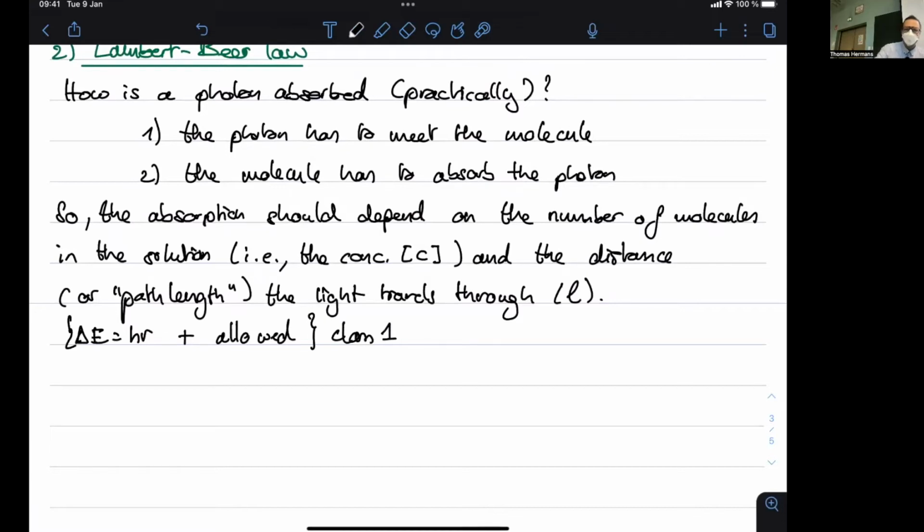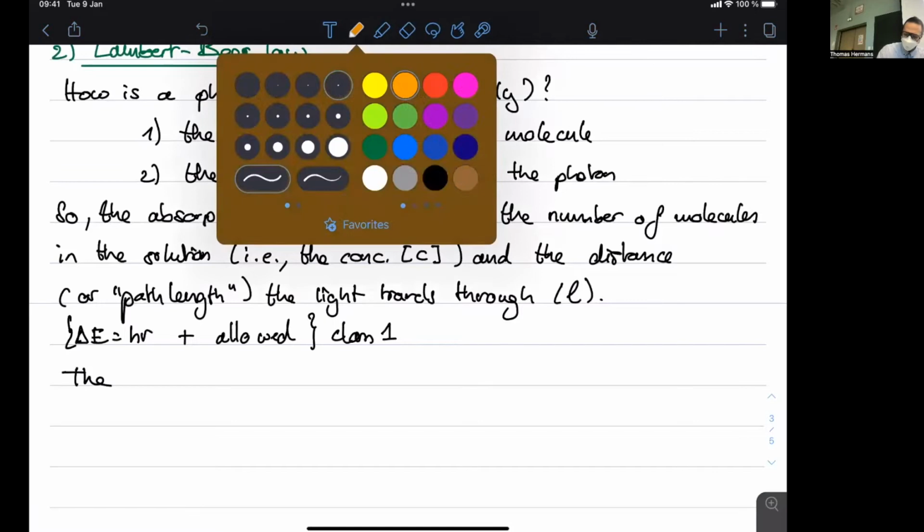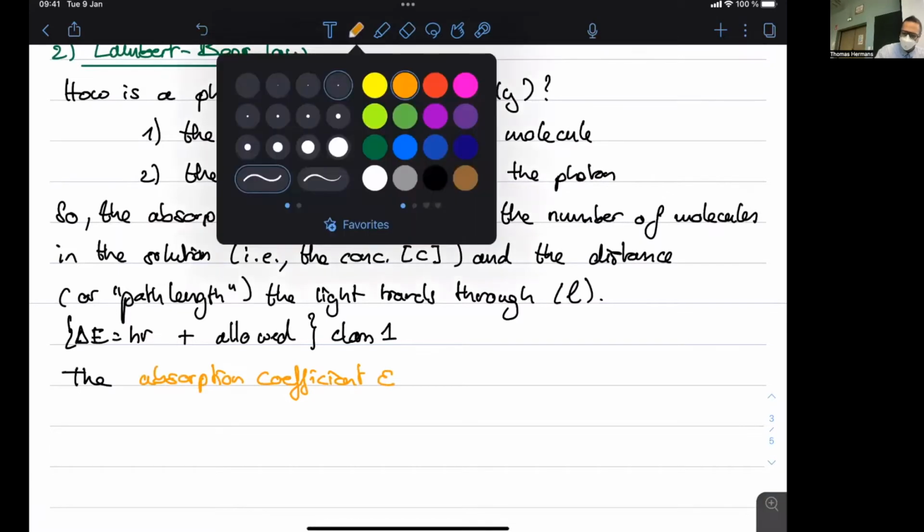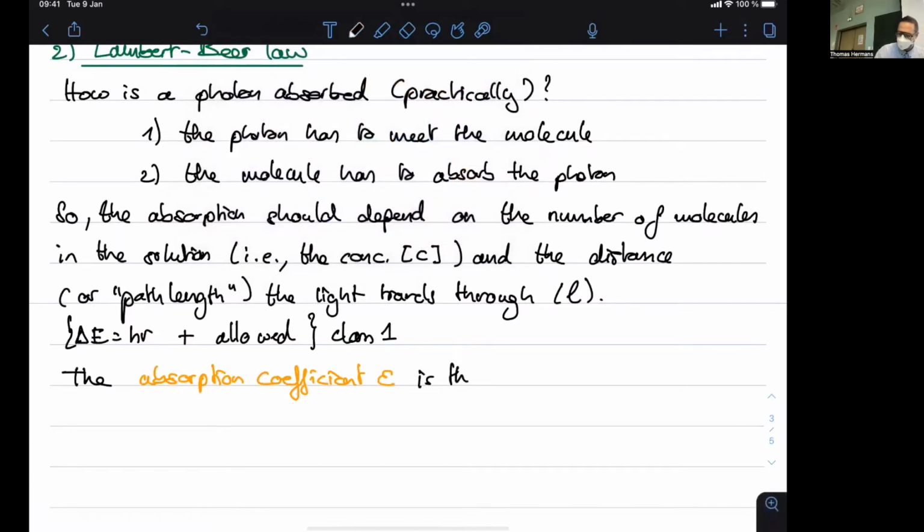Okay, so let's now call the absorption coefficient epsilon. It is the probability that the molecule will absorb.